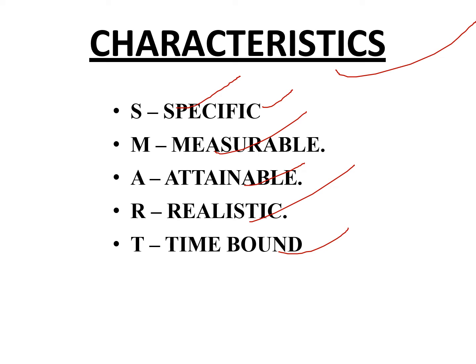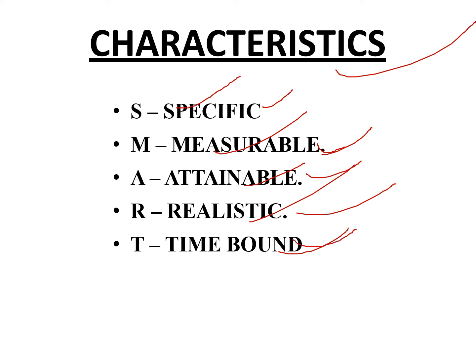If someone reads your objectives, the person should know specifically what you want to achieve. Next, it should be measurable, and it should be attainable. When you make the objective, make sure it is within your capacity to attain at the end of the study. Realistic means it should be able to be performed and shown in your study. And next is time bound.